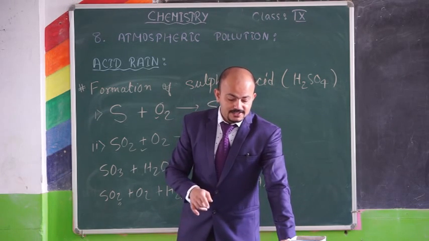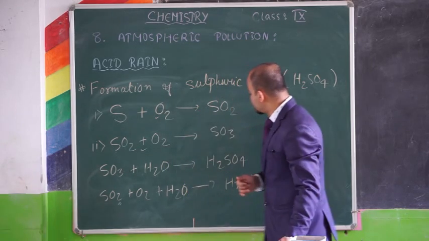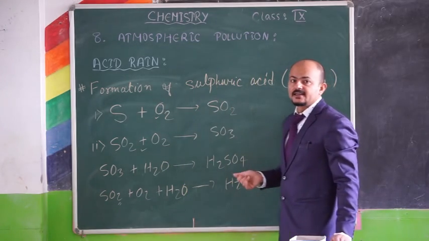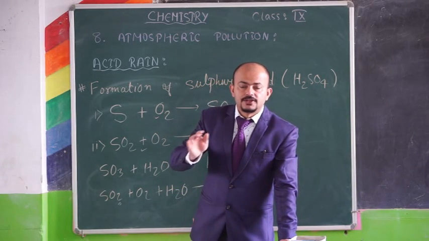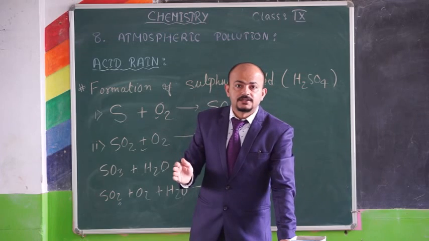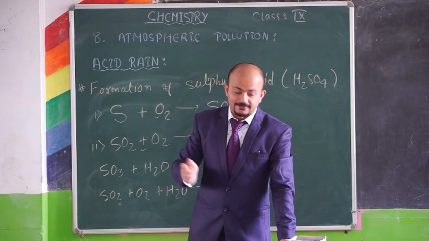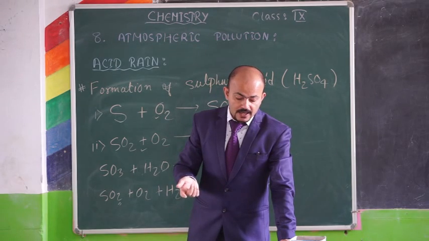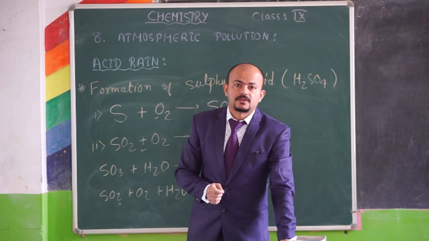Okay, so the first one is acid rain affects soil chemistry. Since they are acids, whenever they come in contact with the soil, they will wash away the basic components of the soil like phosphate and calcium, and they make the soil less fertile.